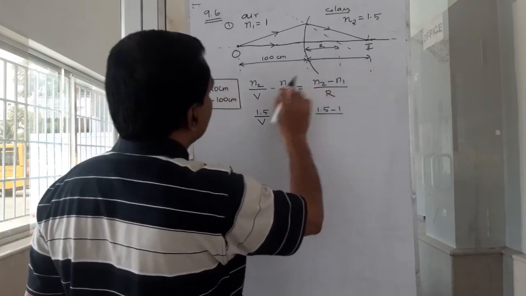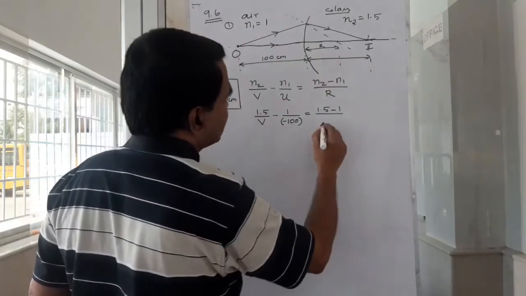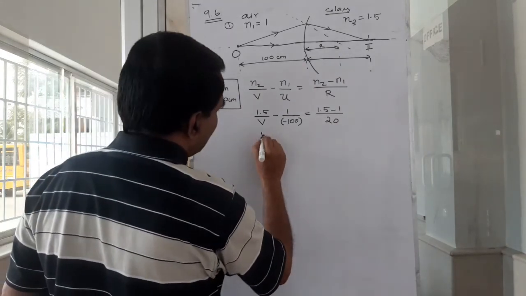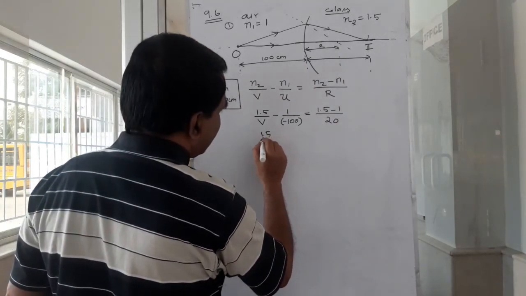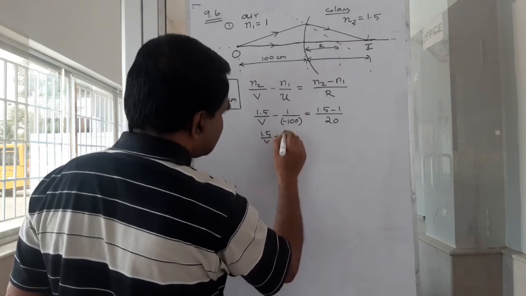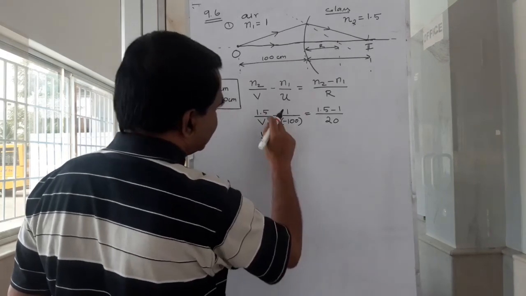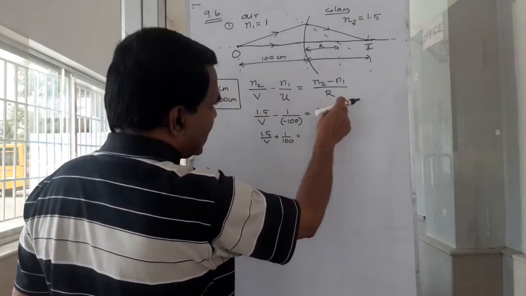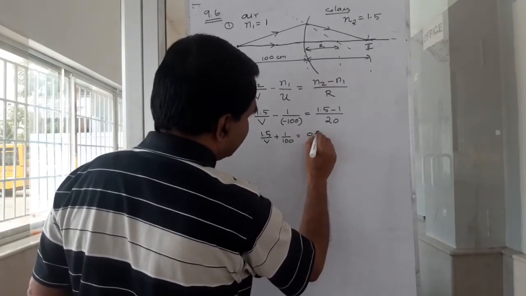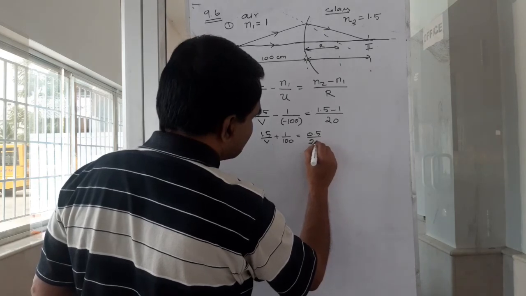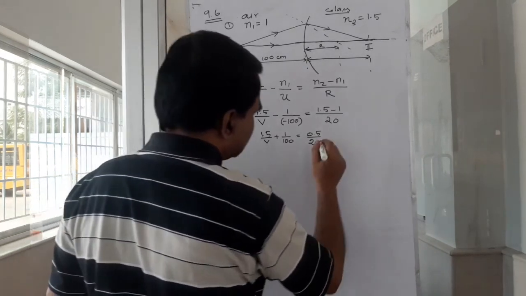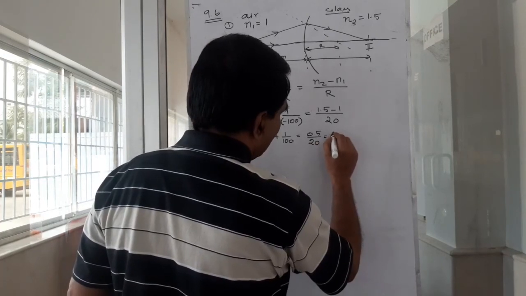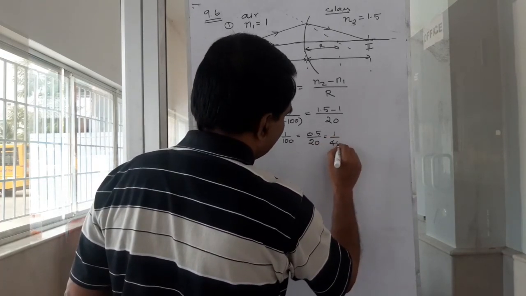So divided by what is R? R is plus 20. Okay, so that gives you 1.5 by V plus 1 by 100, and that is equal to 1.5 minus 1 is 0.5, so divided by 20. So that gives you, what is 0.5 by 20? It's going to give you 1 by 40.